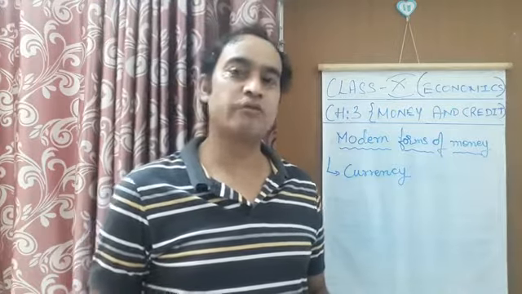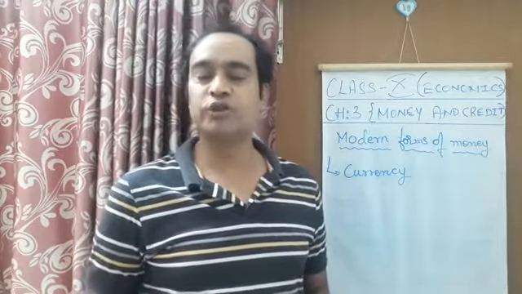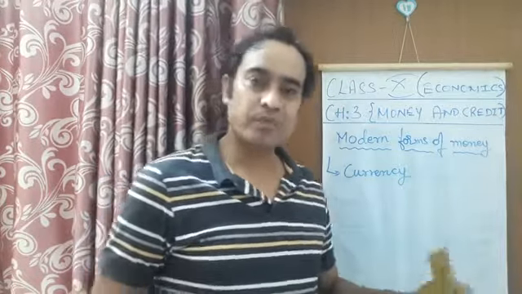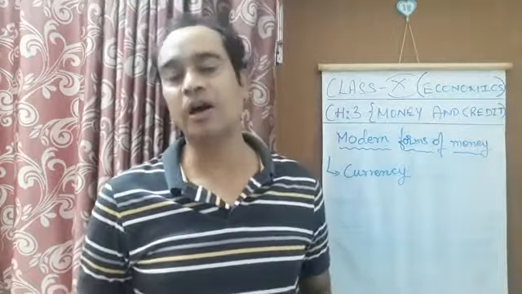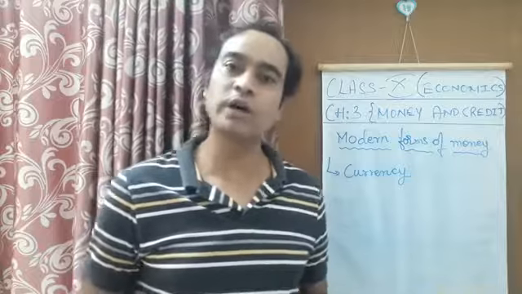And this is why we say that this was a type of paper currency which was to be declared by the order of the government. This is why we call this money, paper currency, as fiat money. By the order of the government it was passed.